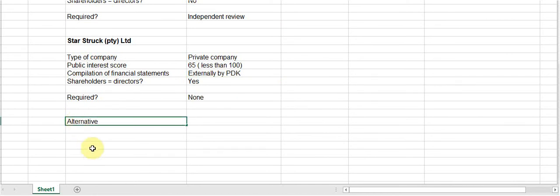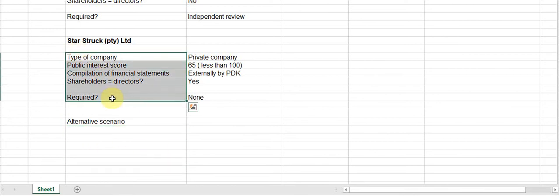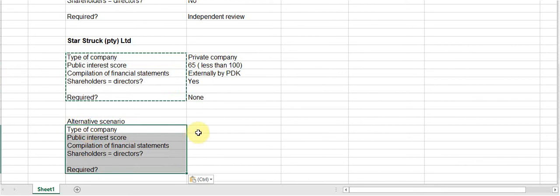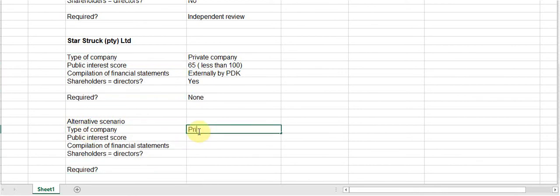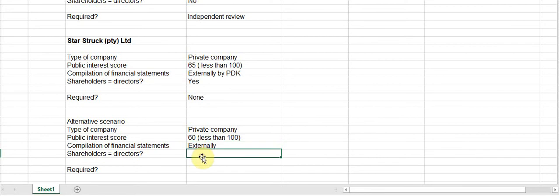If we had a scenario where the type of company was private and the public interest score was again, let's say 60, less than 100, and the compilation was done externally, and the directors were not all shareholders, then this would be an independent review.